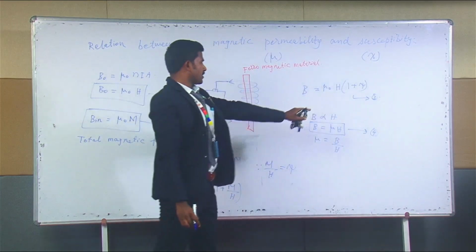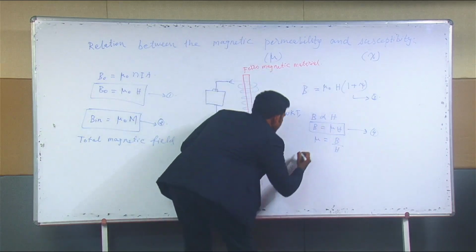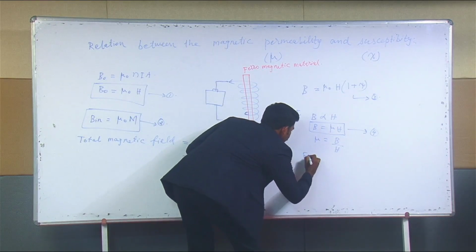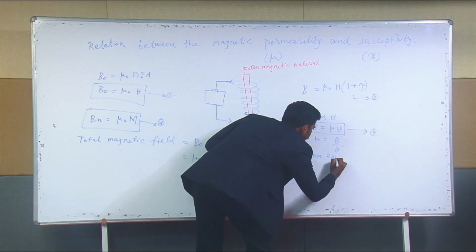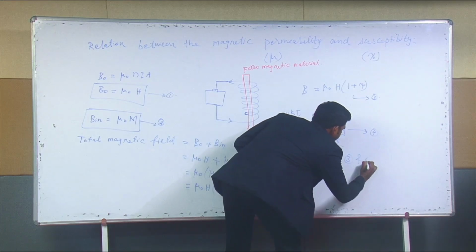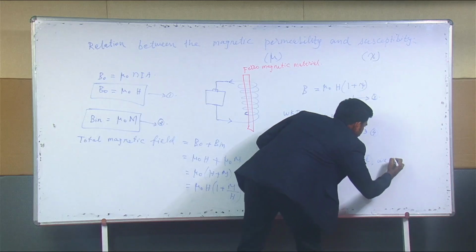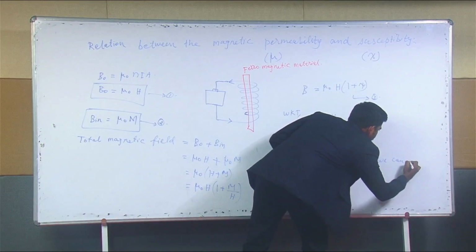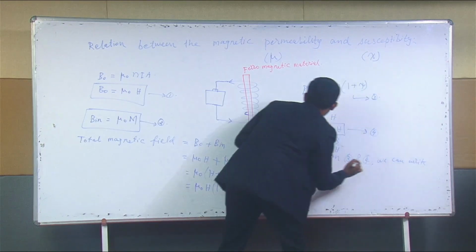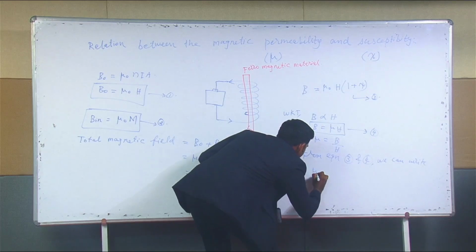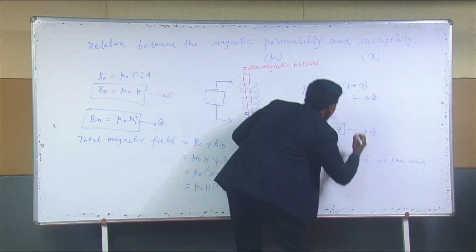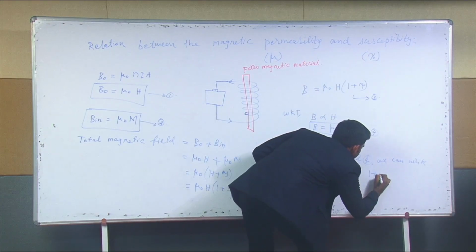So from equation 3 and 4 we can write mu H is equal to mu 0 H (1 plus susceptibility).